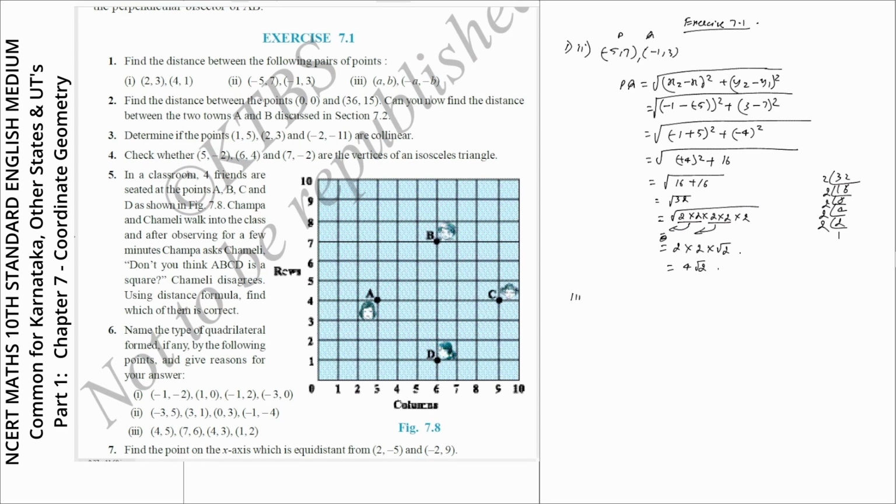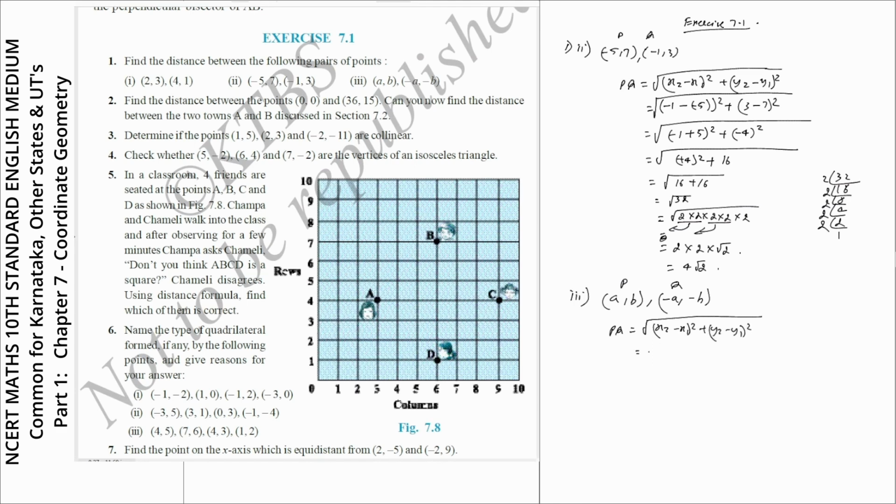Now sub question 3. The given points are (a, b) and another point is (minus a, minus b). So first point I'll take P, second point I'll take as Q. So every time it's always better to write the formula. So distance formula is x2 minus x1 the whole square plus y2 minus y1 the whole square.